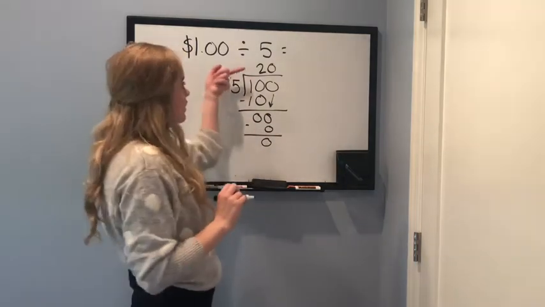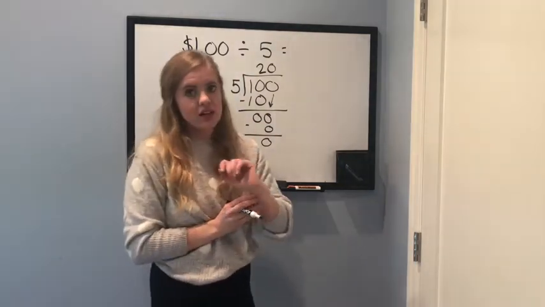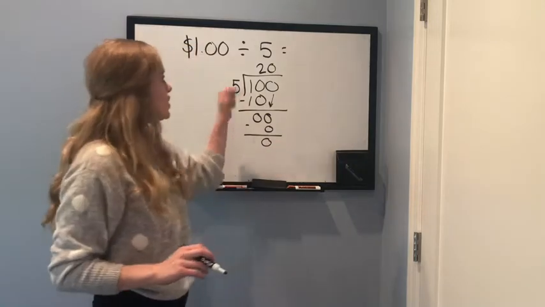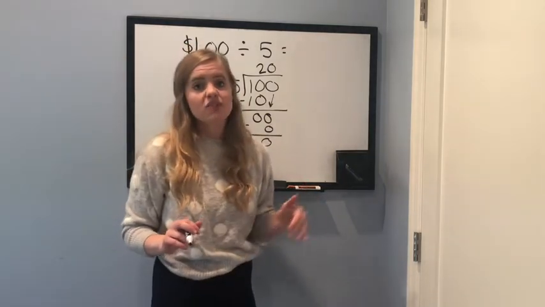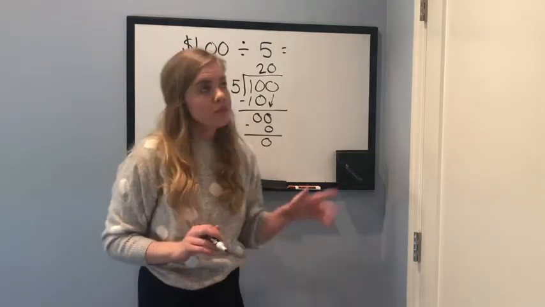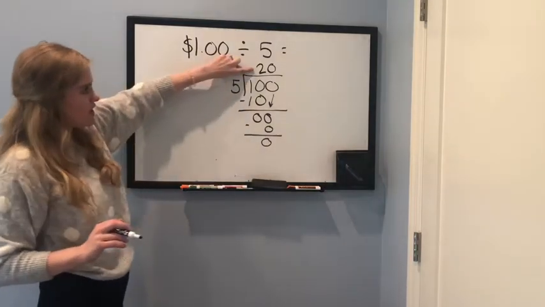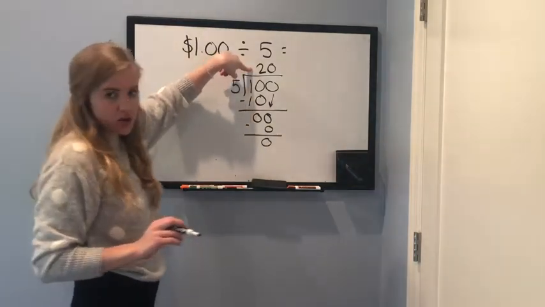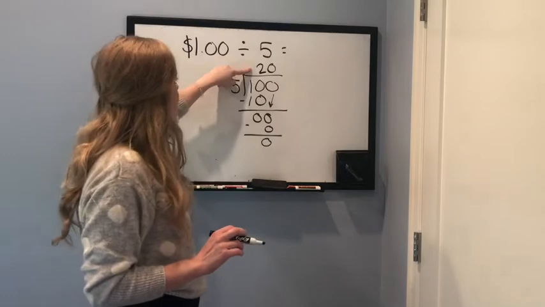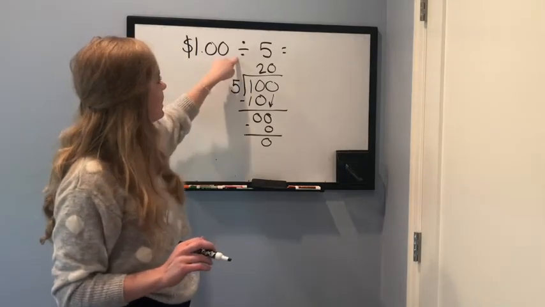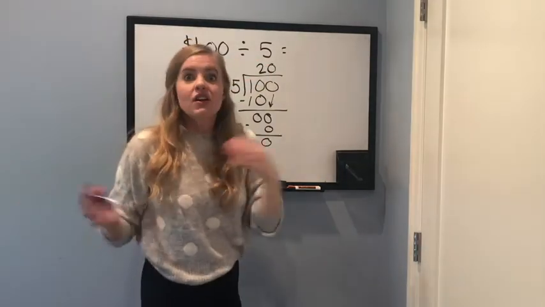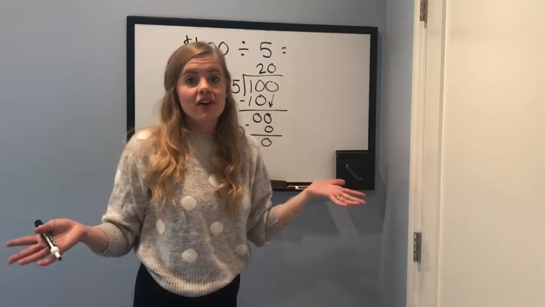Now, this is where this one gets a little bit tricky. Remember, we took out the decimal, and we're going to have to put the decimal back in. But this one's a little bit tricky because it looks like it's saying $20, right? But that's not true because $1 divided up into 5 different parts, there's no way that that could be $20.